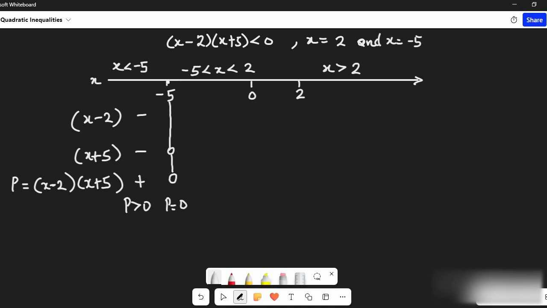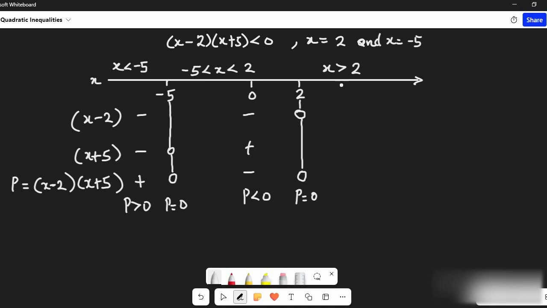And then in between minus 5 and 2, we have that x minus 2 will be a negative number, and x plus 5 will be positive. Minus times plus is minus. So the product here will be less than 0. Now when it is 2, this is 0, and so the product will be equal to 0.